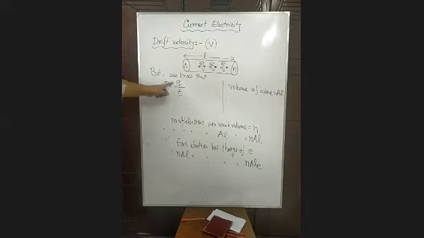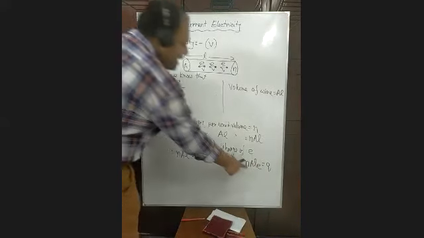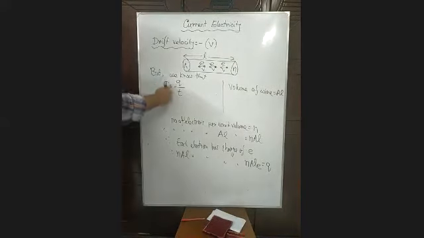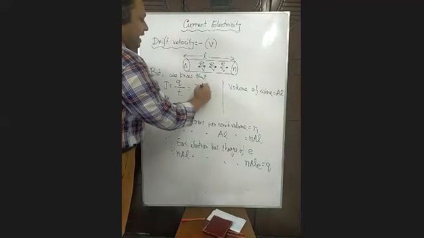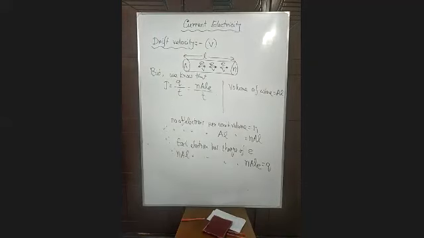Here Q is the total charge, which is nALe. So I can say nALe by t. This is the current equation. I is equal to Q by t, which is nALe by t. Okay, so how can we make drift velocity from this equation?